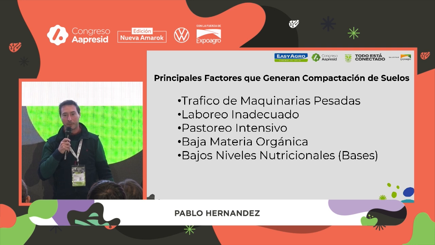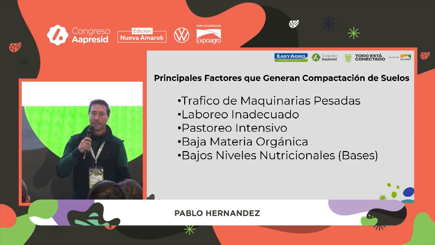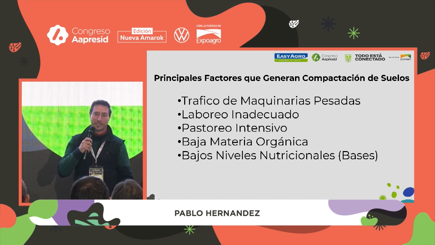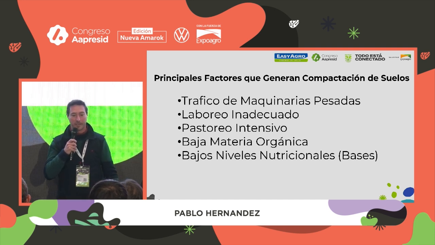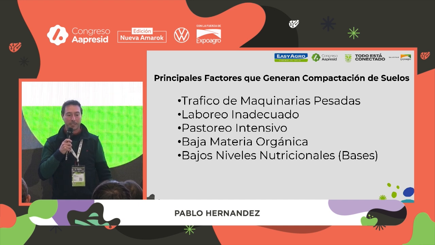There is a problem that we don't see that often, but it's one of the factors that in plots we have been seeing when there's a lot of non-tillage. After 10 or 20 years, you can still see that problem there.